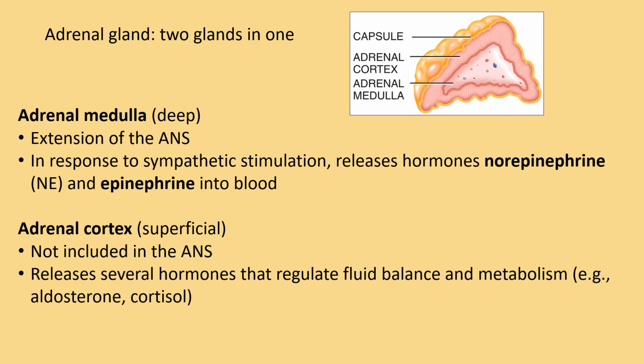So your adrenal medulla is really an extension of your autonomic nervous system because the cells that make up the adrenal medulla are modified postganglionic motor neurons. And so they secrete norepinephrine, a lot of it. Norepinephrine and epinephrine are very close in structure. They secrete these neurohormones into the blood.